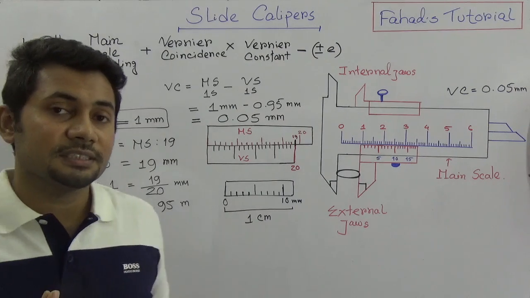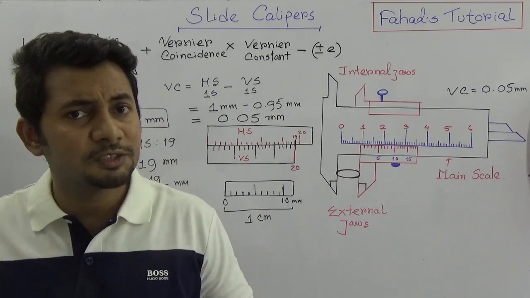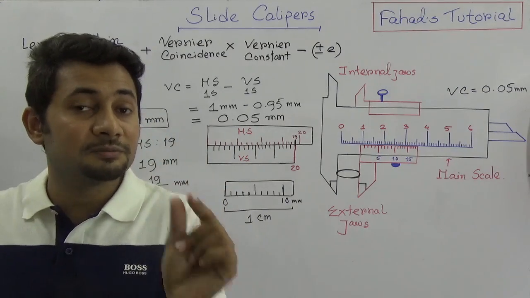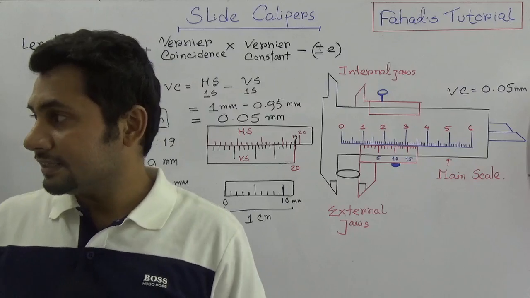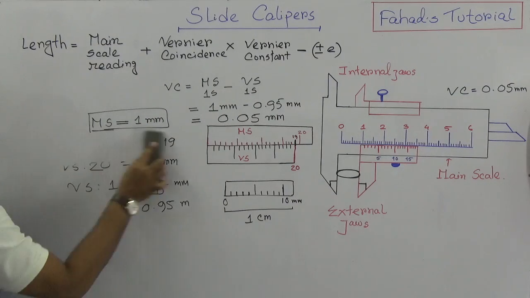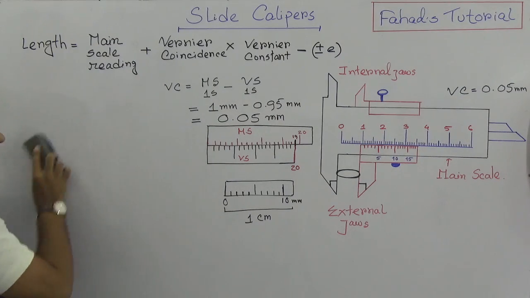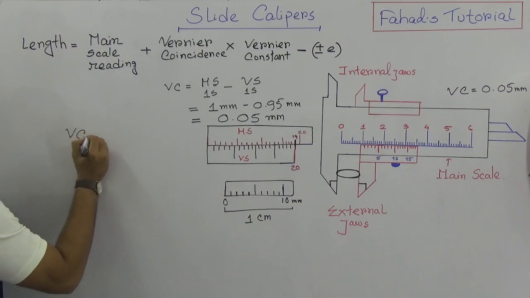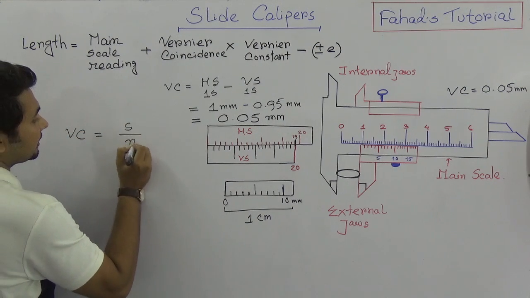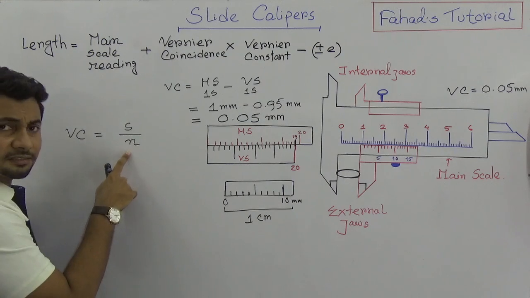So what is the Vernier constant? The Vernier constant is the difference between one smallest space of the main scale and one space of the Vernier scale. In other cases, we can also find the Vernier constant by using a simple formula: Vernier constant is S divided by N. What does it mean?